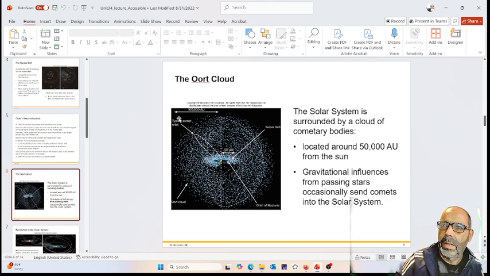Okay, so it's a super, super big structure, and it's mainly made of smaller objects, icy objects, frozen objects. Some of the comets that come from that region are probably making their first trip. As a matter of fact, this year there will be a comet that's probably arriving near the sun for the first time, because it takes a long time for them to come in here and then go back.